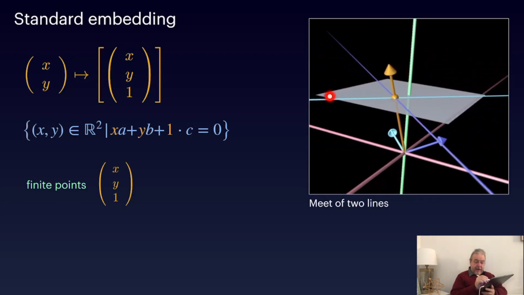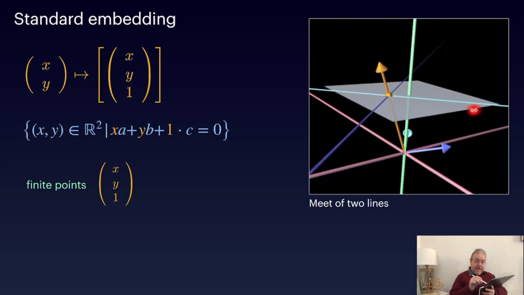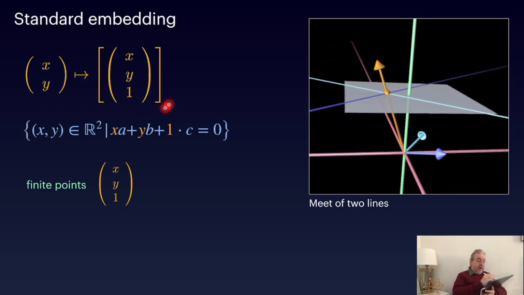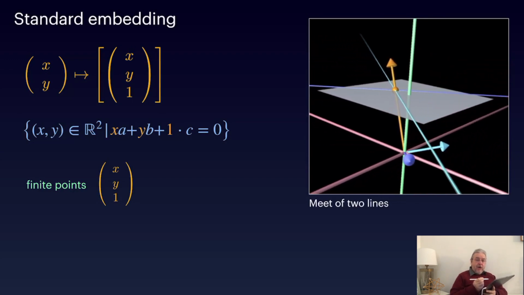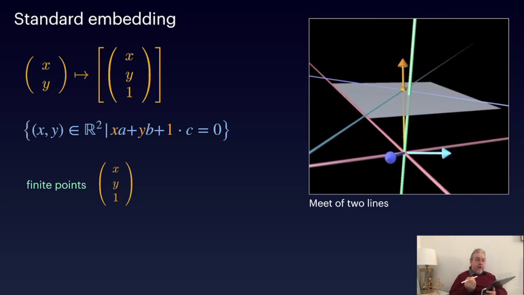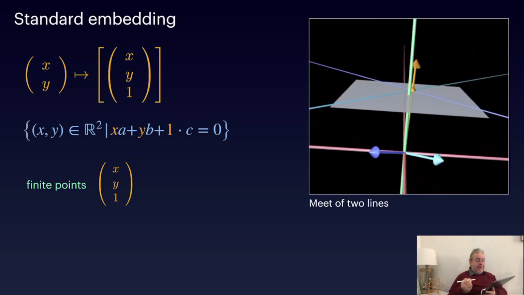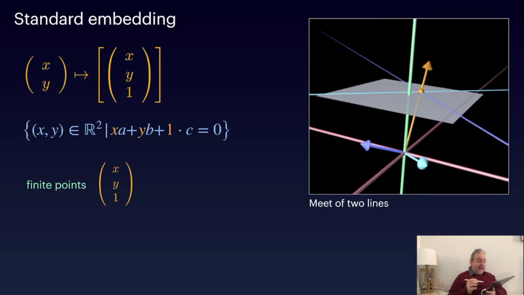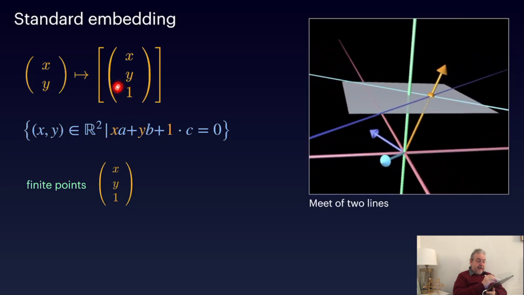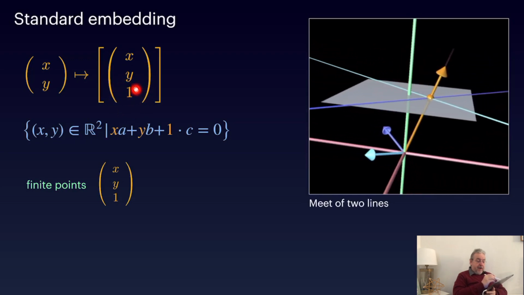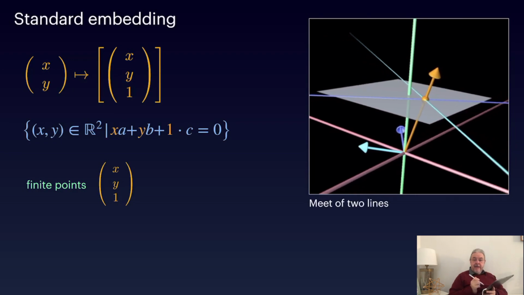When I'm talking about this plane here and those embeddings, you see I will not get all the points of the projective plane. What I will essentially get is only those points that correspond to equivalence classes that have a non-zero entry in the last spot.